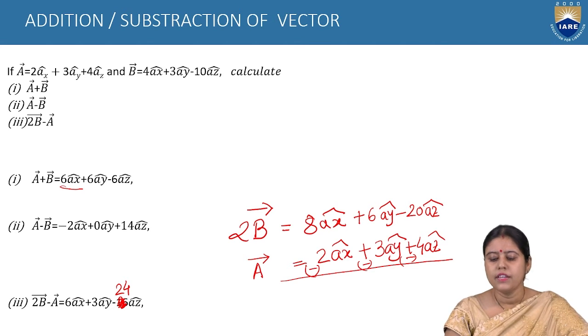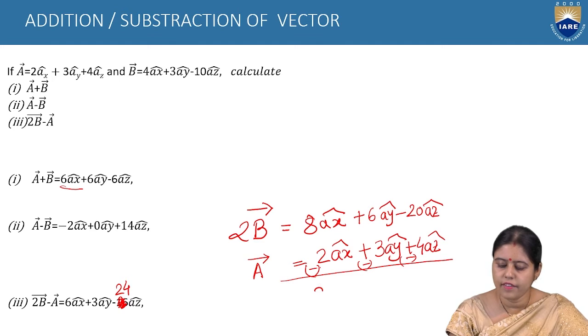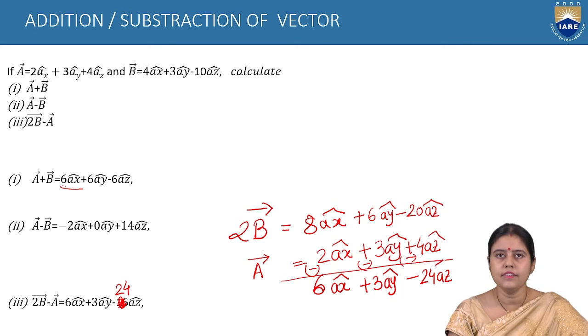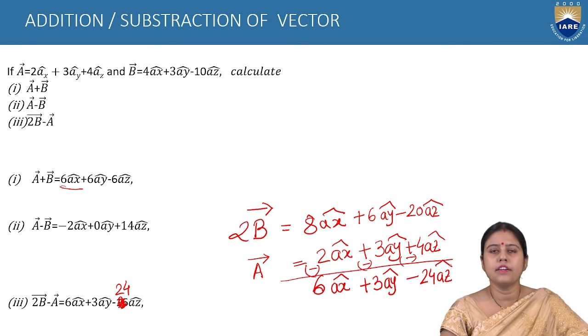So it will be 6AX plus 3AY minus 24AZ. So what do you understand?